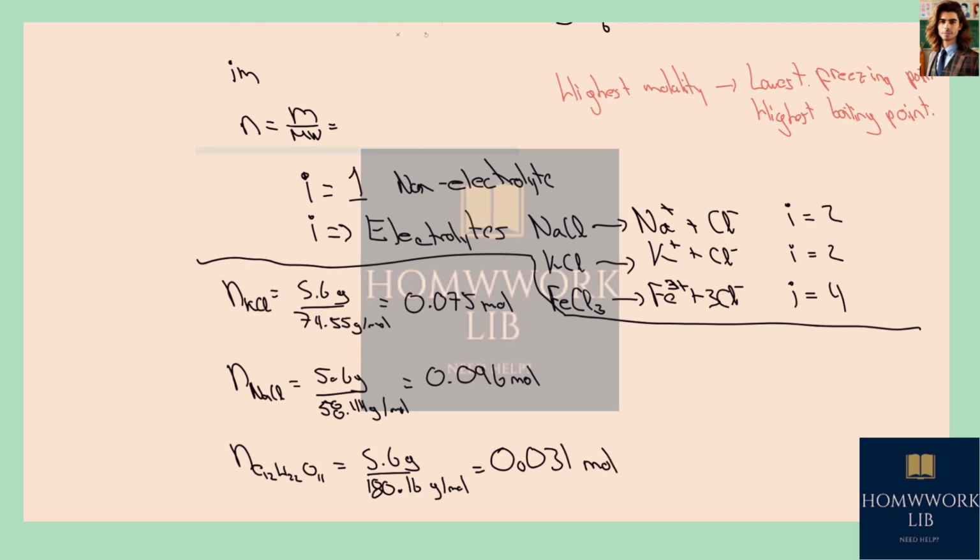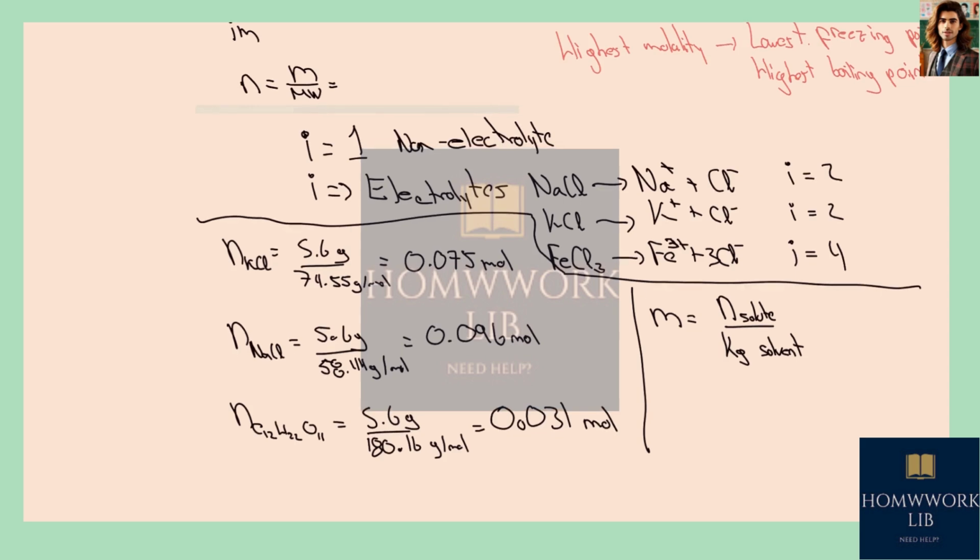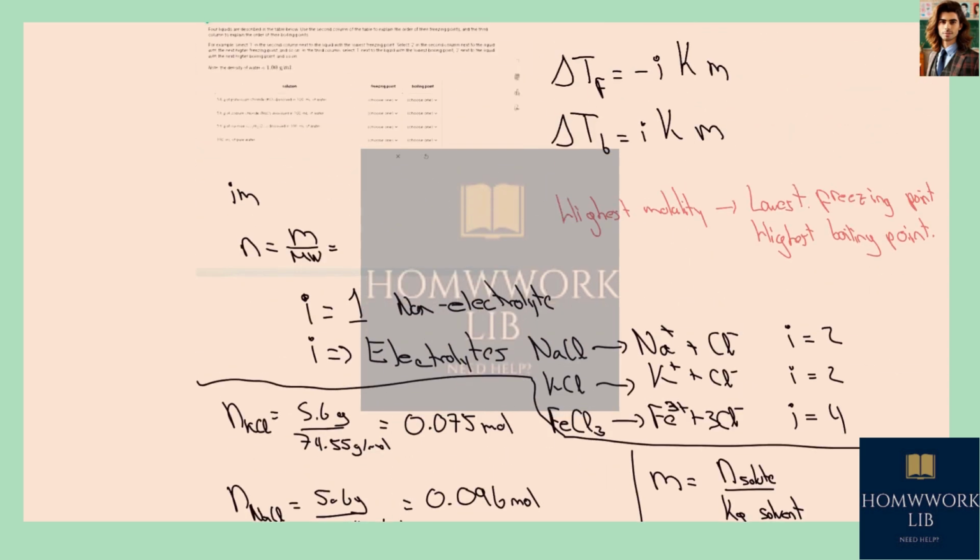As you can see, we can order them by molality, because we know that molality is equal to the amount of mole of solute divided by kilograms of solvent. We're going to have the following order.